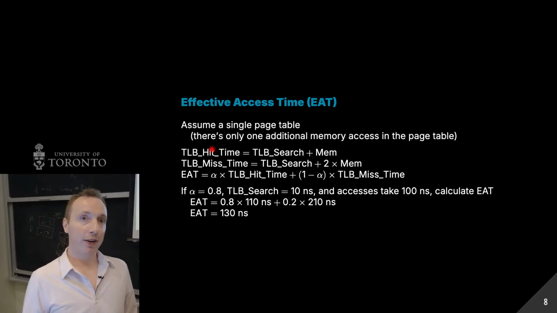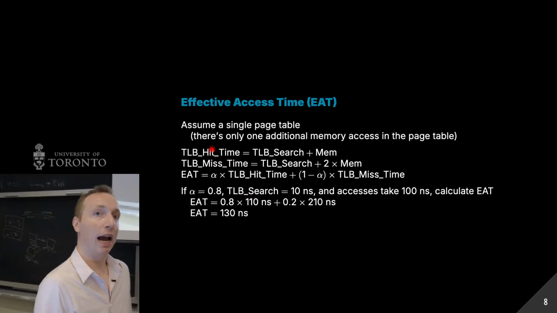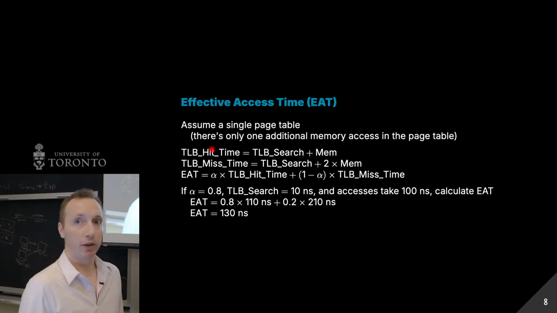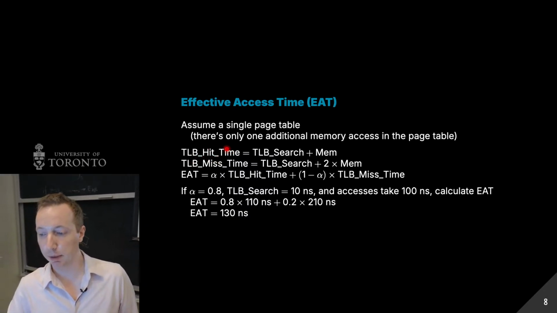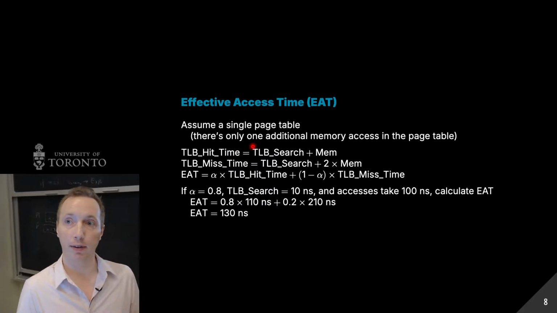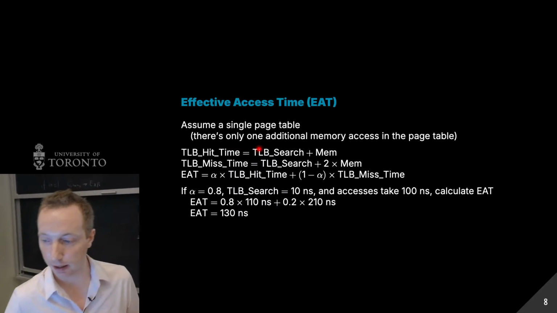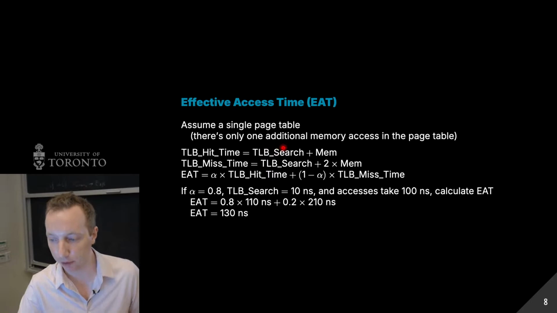So if we were to calculate what our effective access time is, aka what is the average time spent to actually access memory, well, we can take our TLB hit time. So it takes a little bit to search if this entry is valid, if it's in the cache. That will be typically pretty fast, but not negligible. So there'll be some TLB search time.